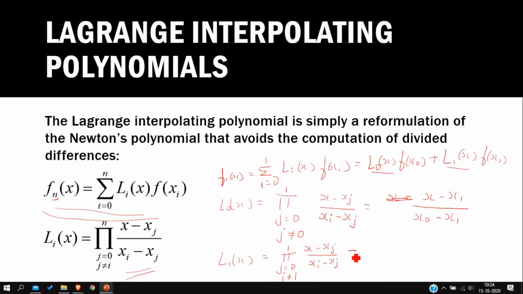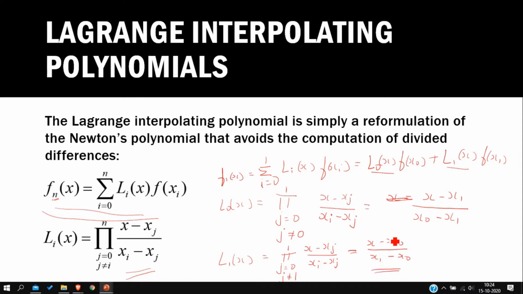So in this case j cannot be equal to 1, j can only be 0. So here it becomes x minus x0, divided by xi, here x1, minus xj, which is x0. So this is the value of L1 of x.